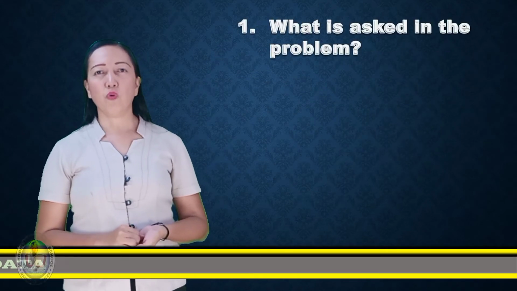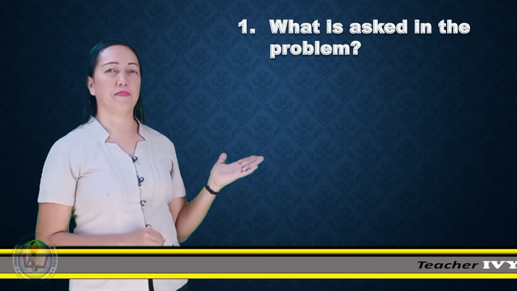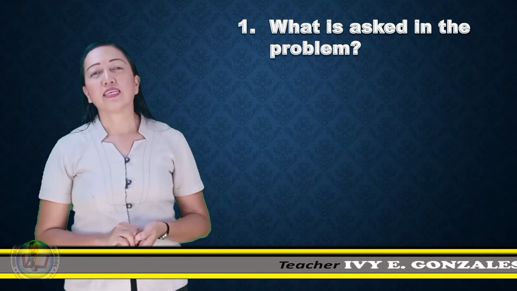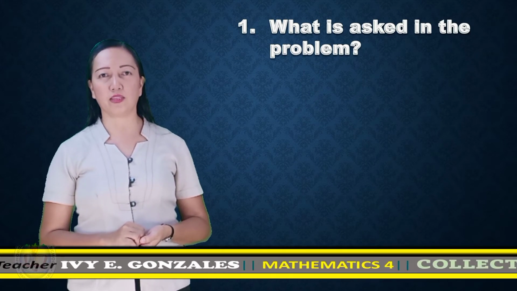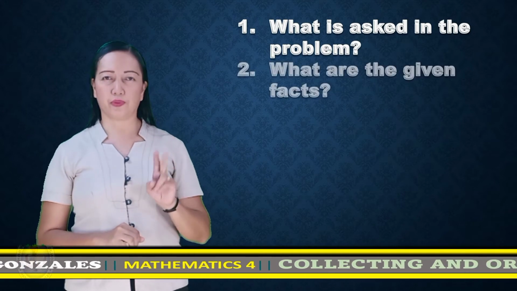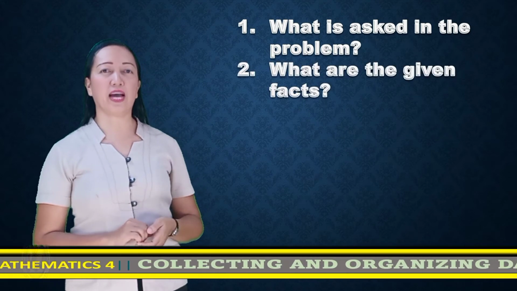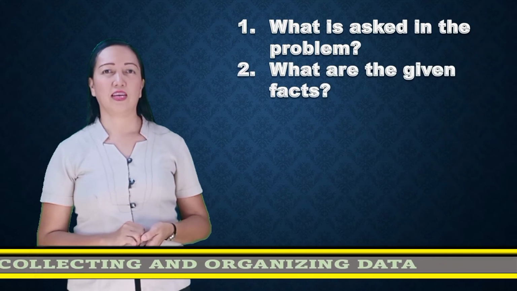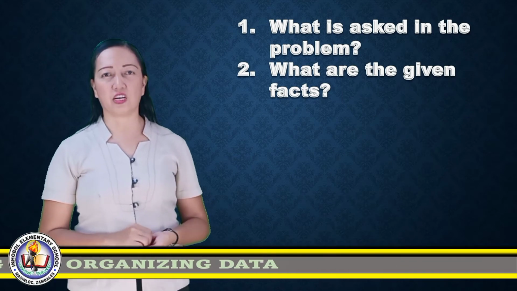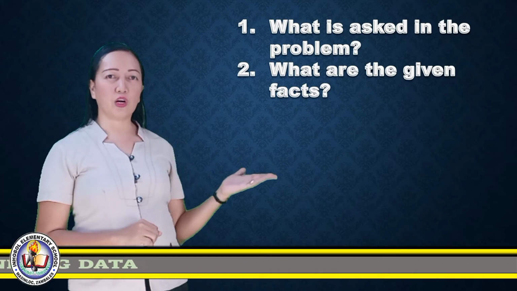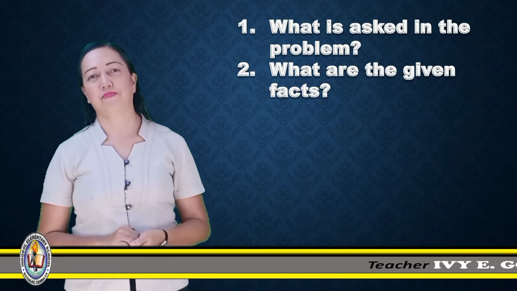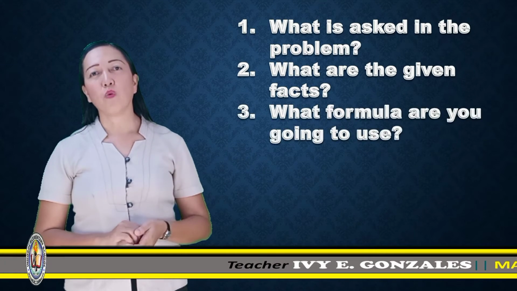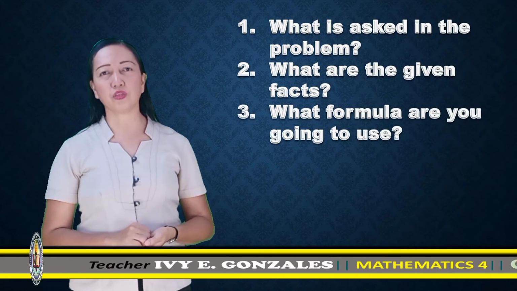Number 1. What is asked in this problem? Yes, the amount of water the swimming pool can hold. Number 2. What are the given facts? Yes, the given facts are 12 meters long, 9 meters wide, and 2 meters deep. Number 3. What formula are you going to use?